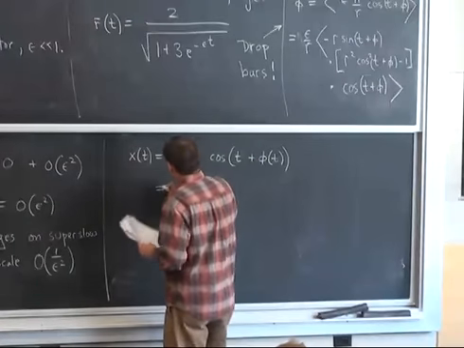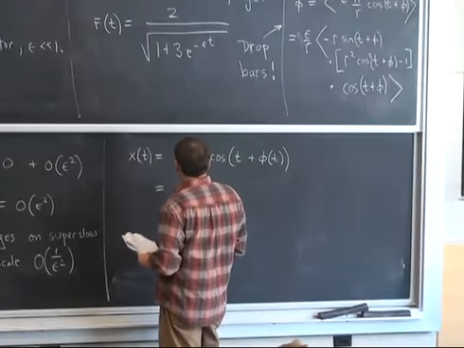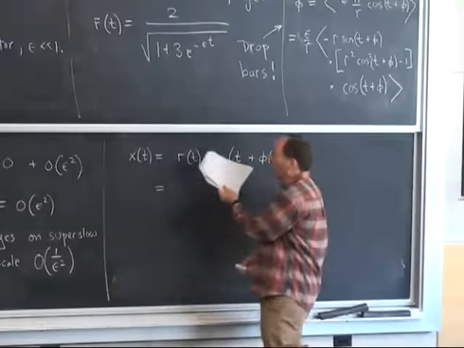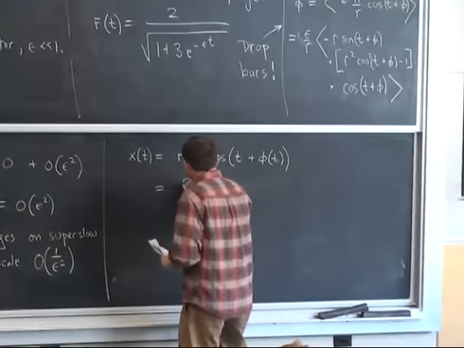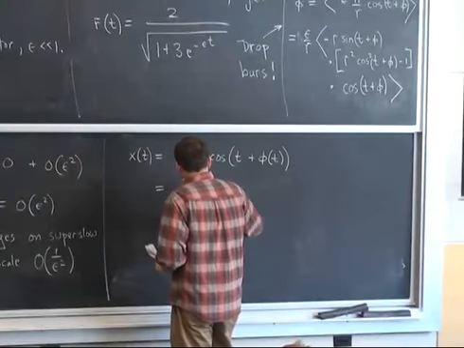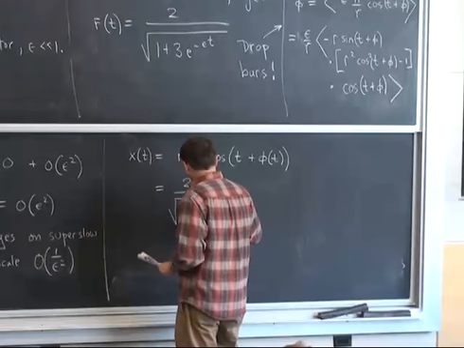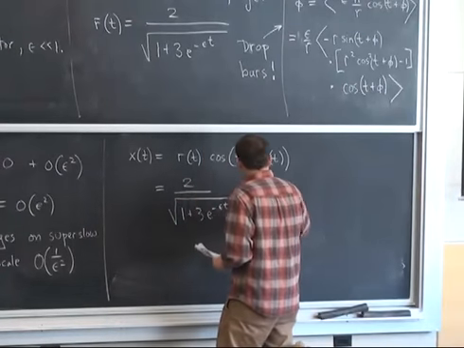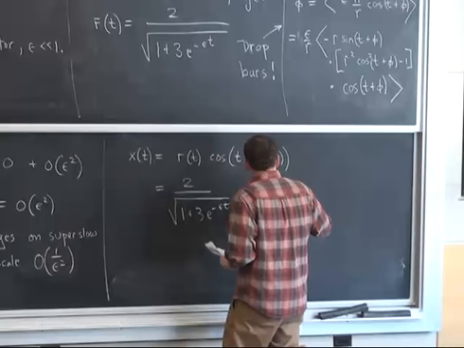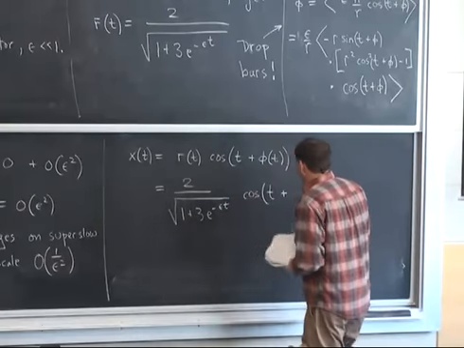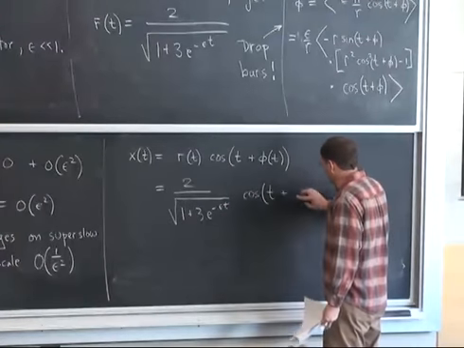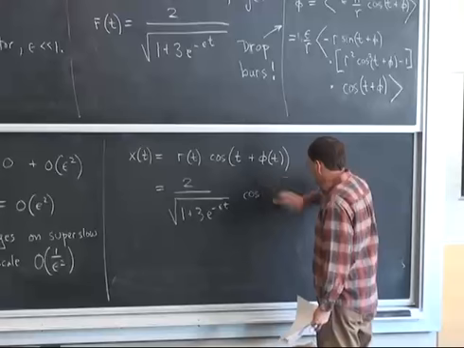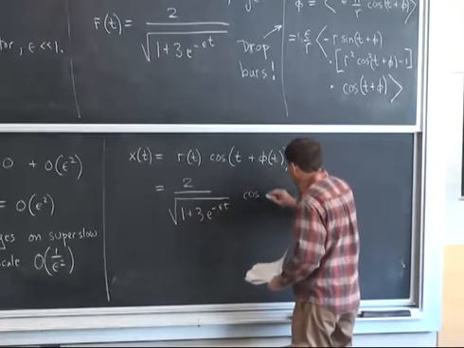And so with our exact calculation for r bar now, I'm replacing r by r bar, we're getting 2 over big square root 1 plus 3 e to the minus epsilon t cosine of t plus, we could pick initial conditions so that phi is just 0. We could really just write it as cosine of t.